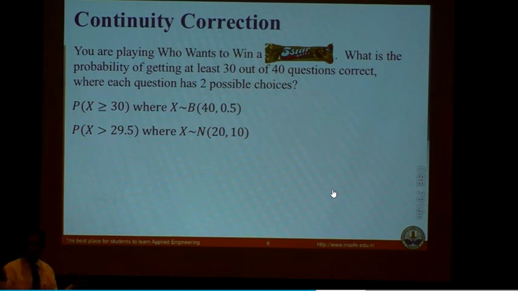Or if I convert it into z-scores, I get the same thing. Whatever is the value I am interested in, the z-score that I calculate, 29.5 minus 20 divided by square root of 10, that's the z-score, comma, 0, comma, 1. A z distribution has a mean of 0 and a variance of 1. If I convert it into z-scores, my mean will always be 0 and the variance will always be 1.